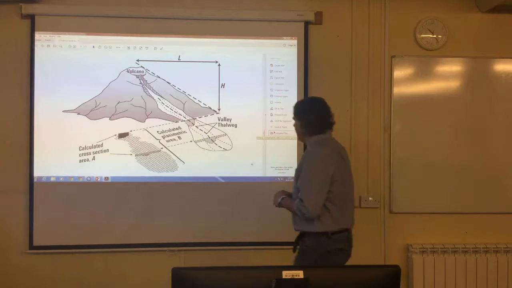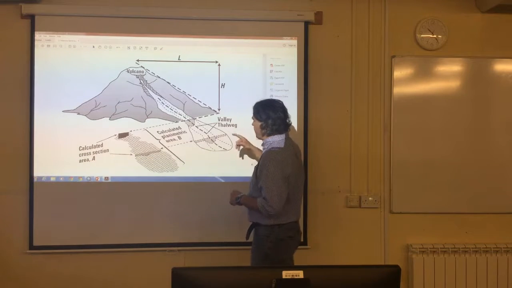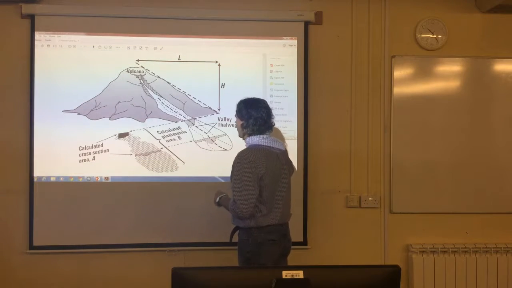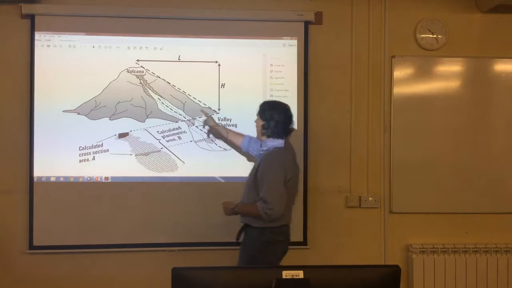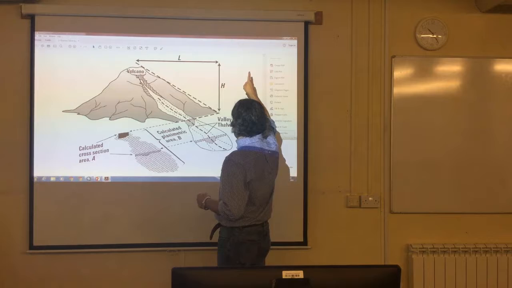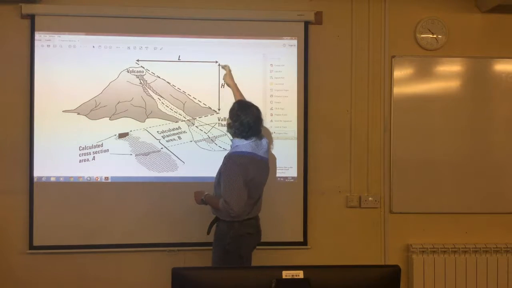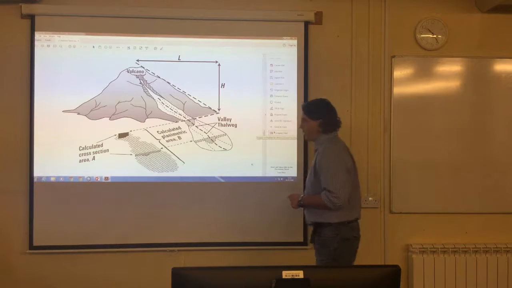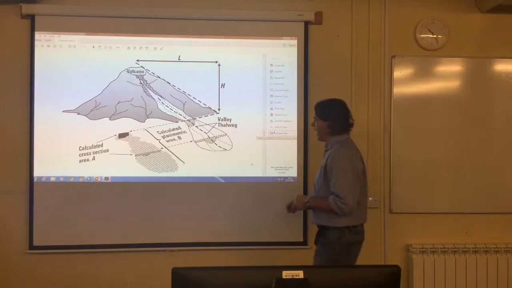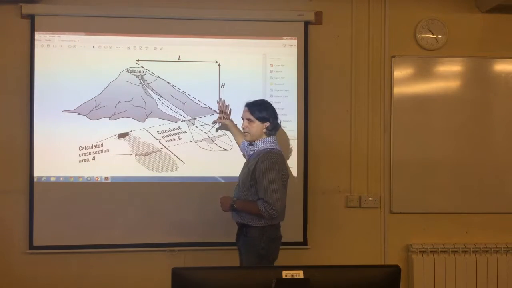What I want you to do is essentially work out a mobility index, which relates the total length of the landslide to the height difference between the top and the bottom of the debris flow. There's also a calculation based upon the volume as well.